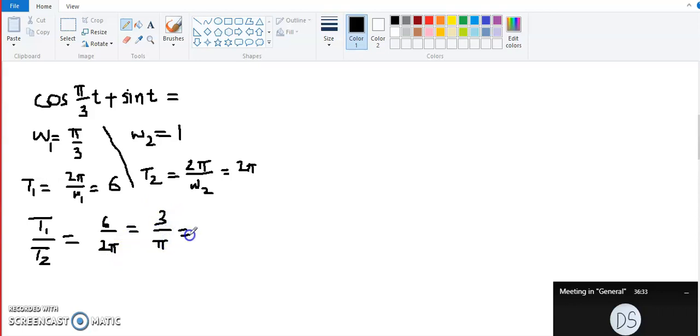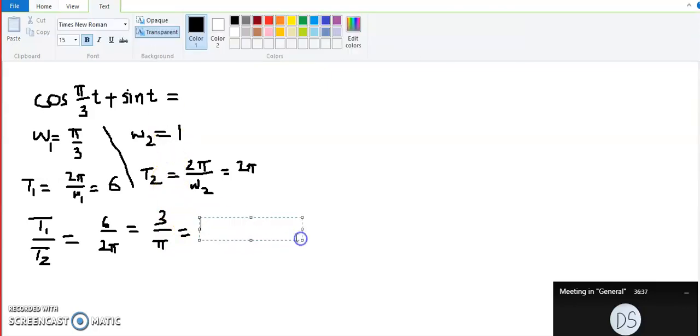So 3 by pi is a rational number or irrational number? 3 by pi rational number है या irrational number है? बताइए. It is an irrational number.